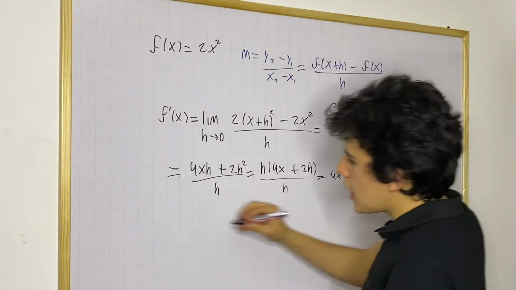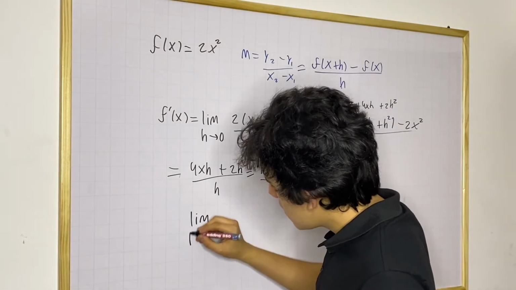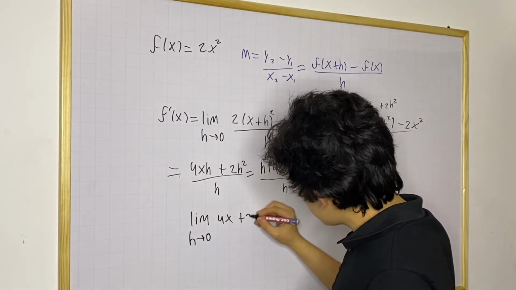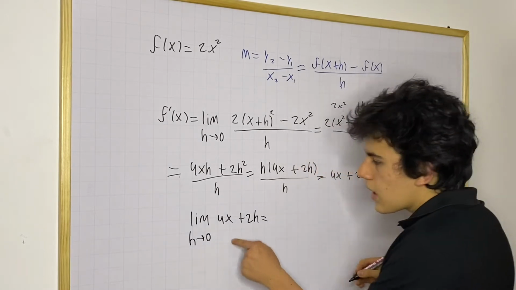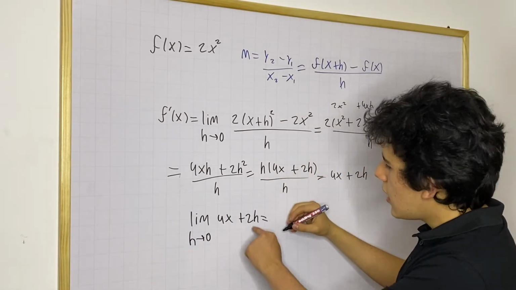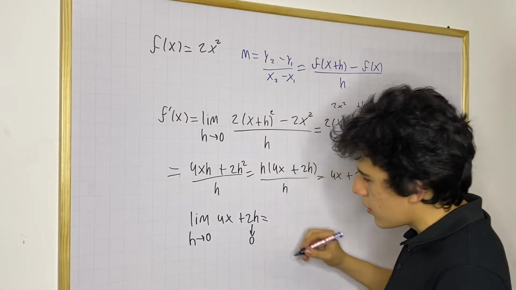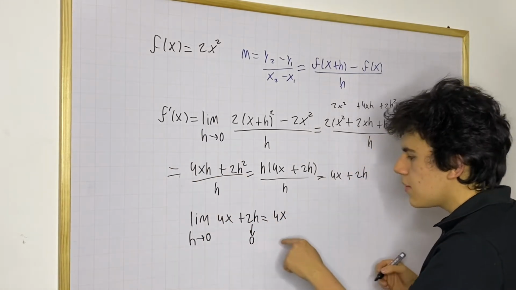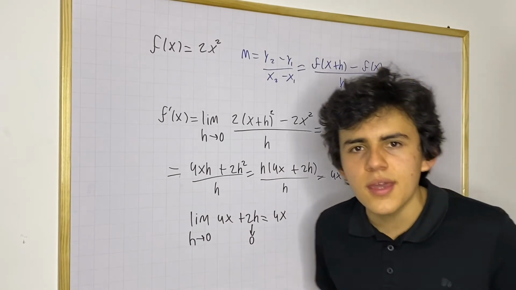Now we can compute that limit of 4x plus 2h. Now we can plug in 0 for h. We know this is just simply going to be 0, we get a product of 0. And so f prime, this limit, is going to be equal to 4x, okay?